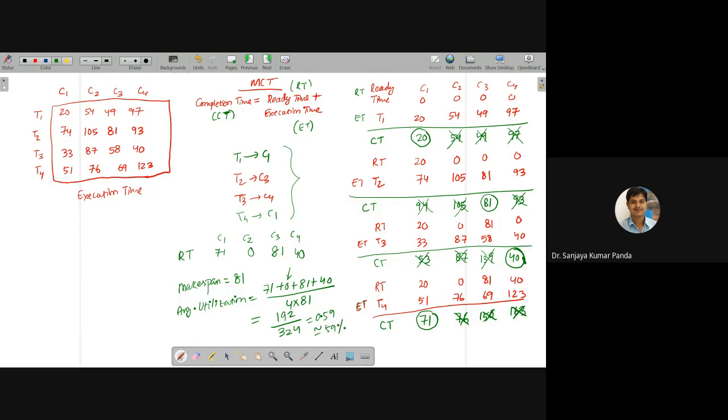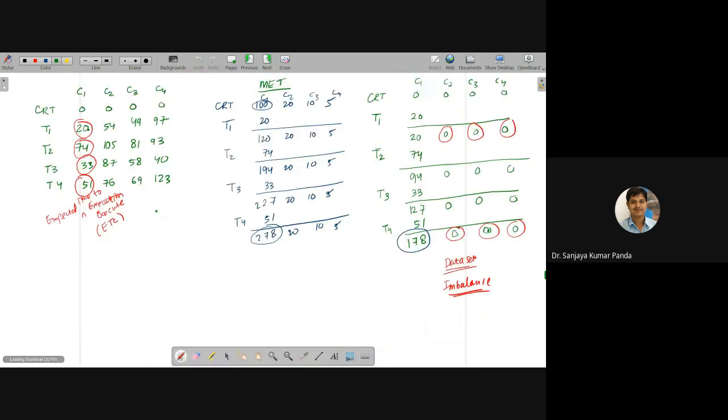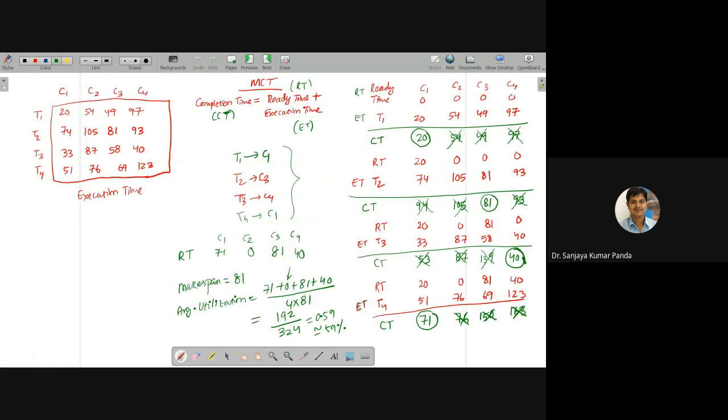So what is the makespan you get in MET? Can anybody tell? If I go back to the slide, this is the MET calculation, right? How much you got here? 178. Forget about the cloud ready time; we have not considered any cloud ready time in this case also. So you got 178, but here the makespan is 81.